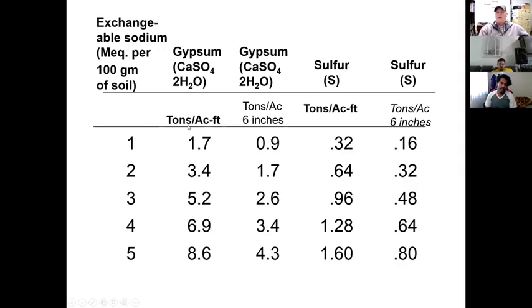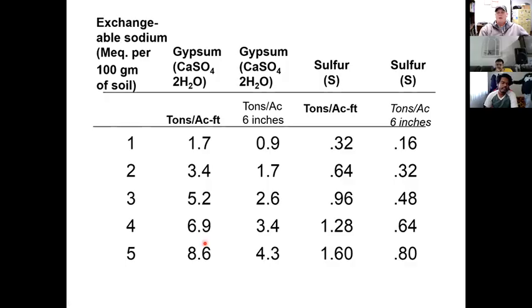So if we want to affect 1 milliequivalent of sodium, it's going to take 1.7 tons per acre of gypsum and only 0.32 of sulfur. Okay. So the sulfur is going to be a little bit more efficacious than the gypsum. However, the gypsum is less expensive, so more people use gypsum than elemental sulfur to make this reaction.